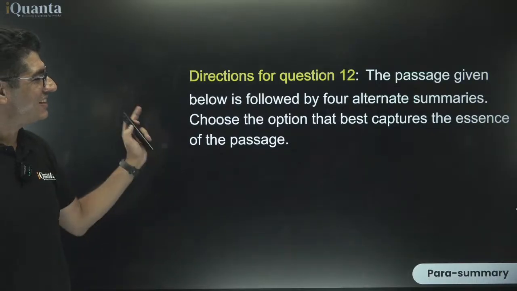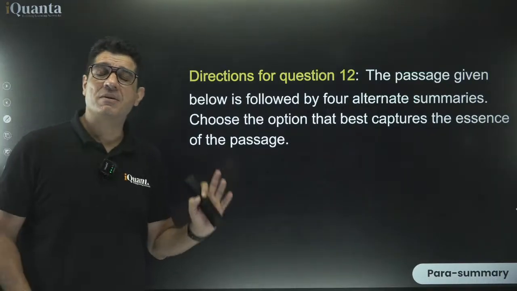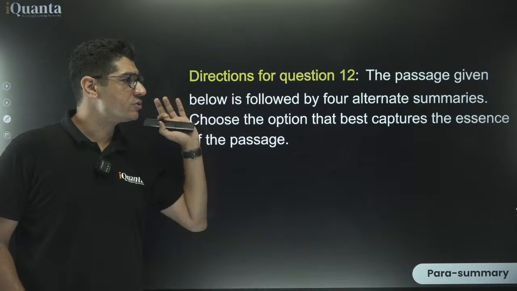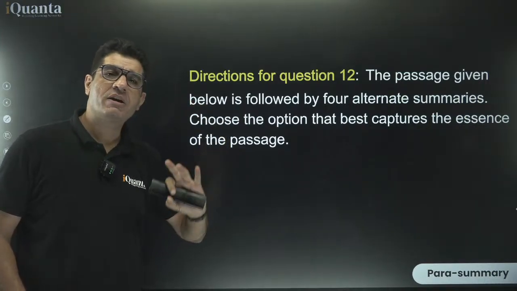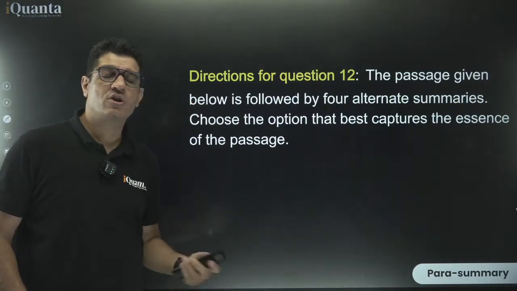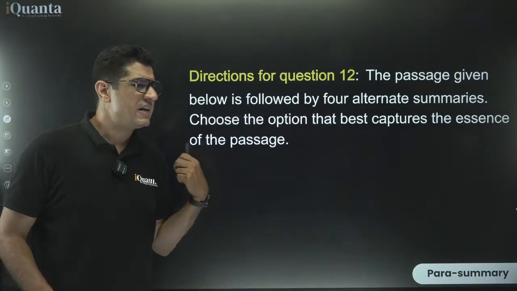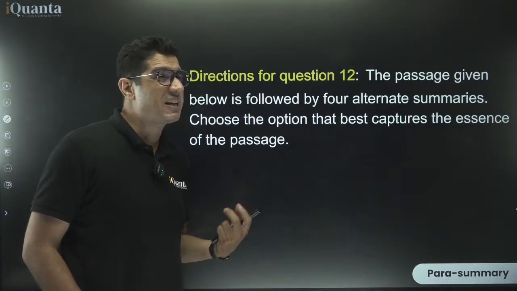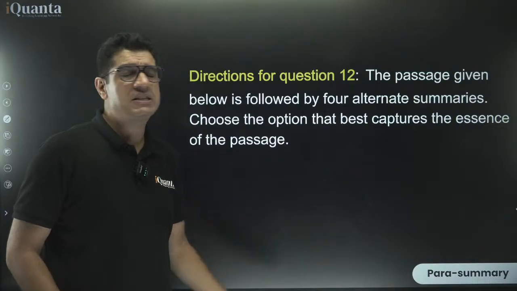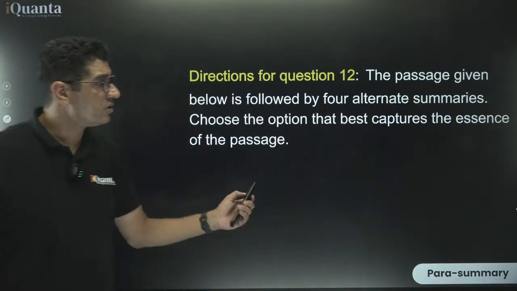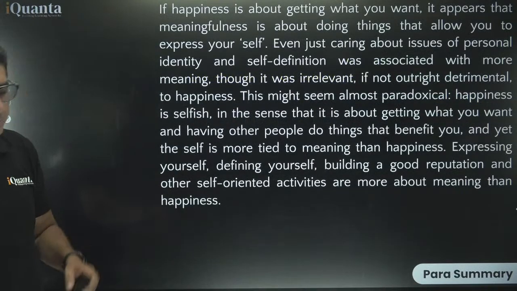Okay, so this is going to be a best summary question. In these questions, we are given a paragraph followed by 4 alternate summaries. Our job is to pick up the best summary of the lot. 80% of the CAT questions do not even technically give you a summary. They basically give you just the key idea. So here is the paragraph. Why don't you read it at a proper font size?